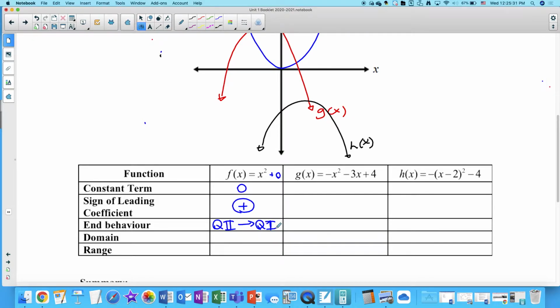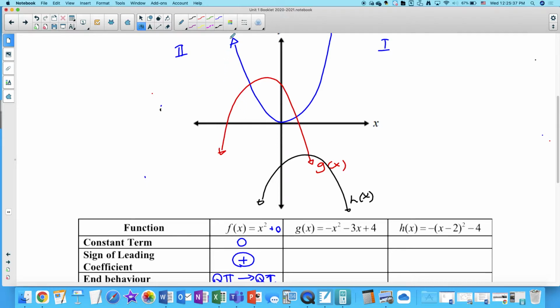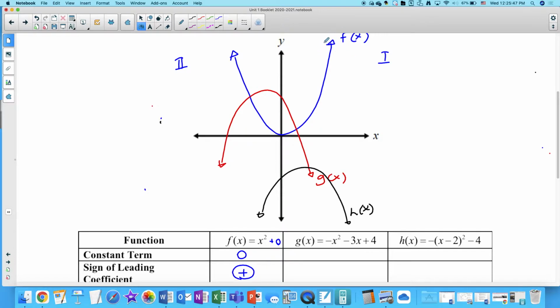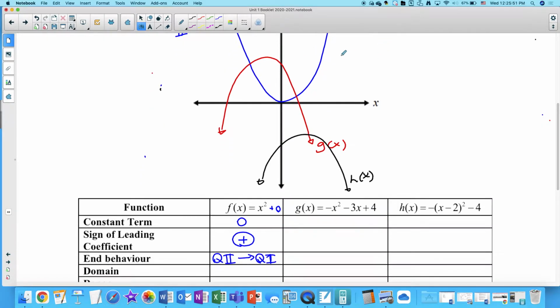Okay, the domain. So if we look at arrows here, this arrow over here is going up and left. So if we're specifically thinking about domain, we want to think about horizontal directions left and right, and then this one goes right. So if I've got an arrow going left and an arrow going right, my domain is that x is an element of the real numbers.